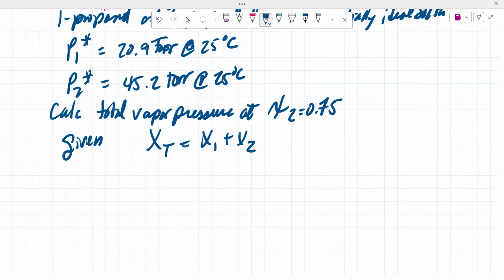That's the mole fraction definition. That's given. Now we're going to solve for x1. So x total is on the left, but we're going to rearrange. All right, so how are we going to do this?